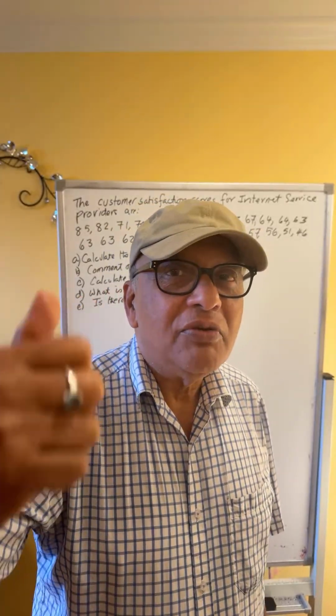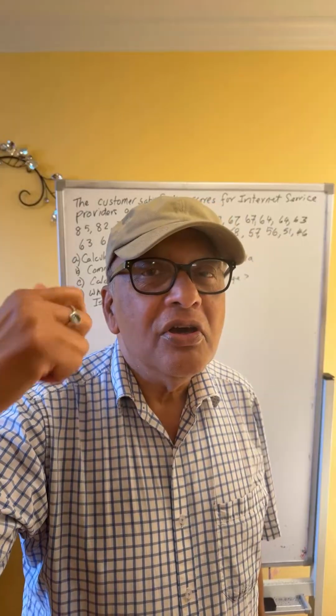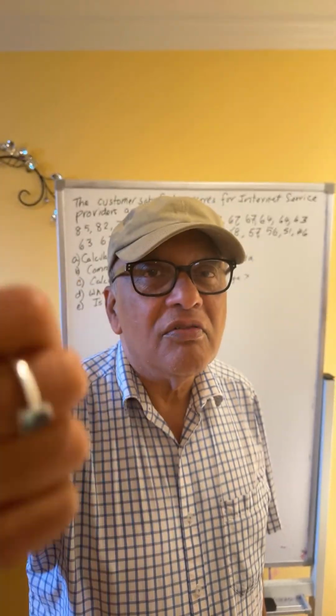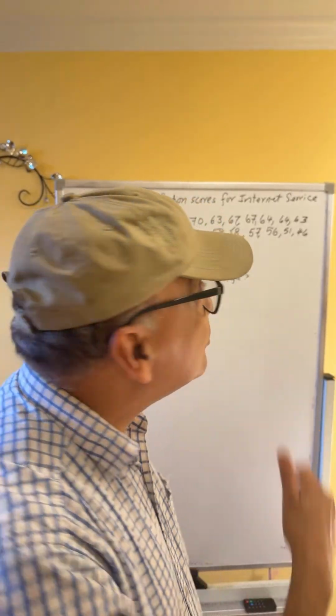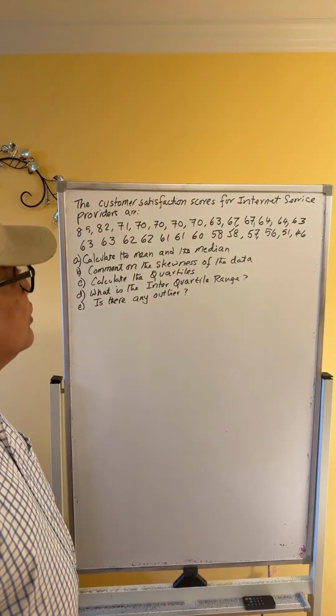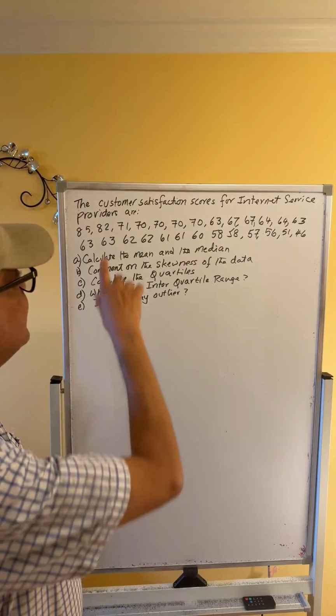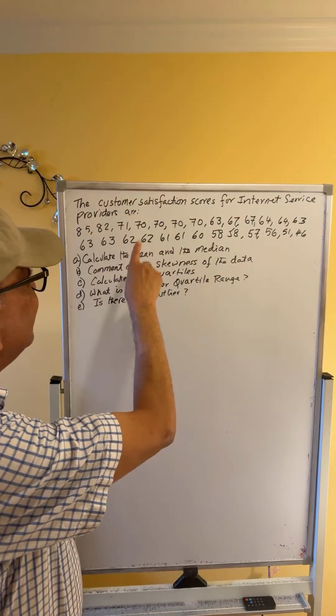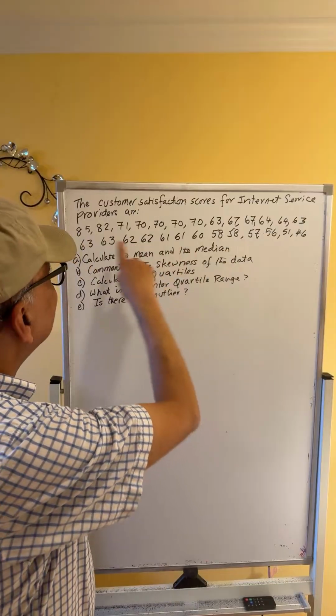So I frequently lecture live on YouTube and I solve math problems. Today I'm going to solve this problem. The customer satisfaction scores for internet service providers are, there's 26 numbers.